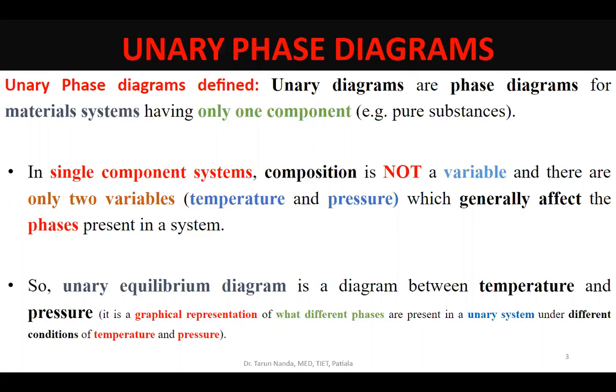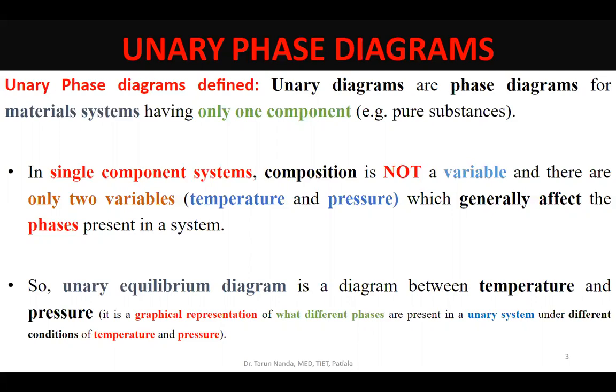Okay. What is a unary phase diagram? Any phase diagram which is drawn for a pure substance, for a one component system, is a unary equilibrium diagram or a unary phase diagram. And as I said in the last session, for a pure substance, for a one component system, composition is not a variable.